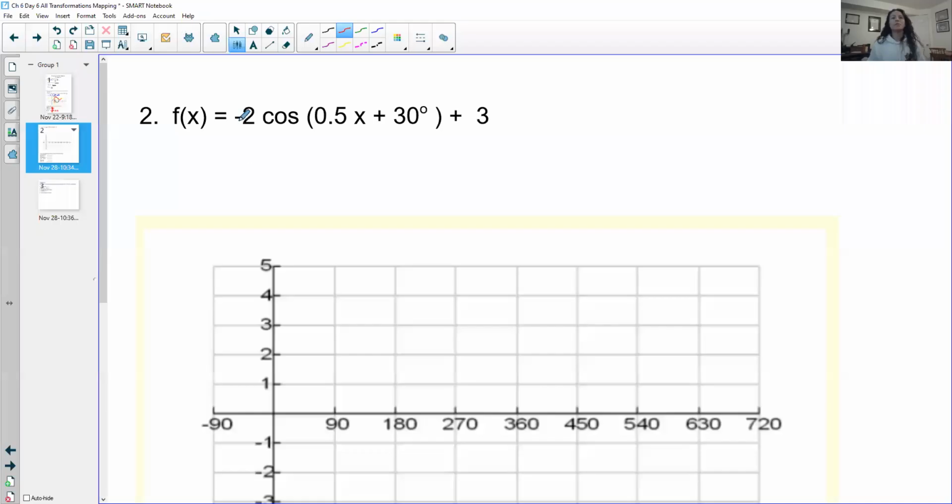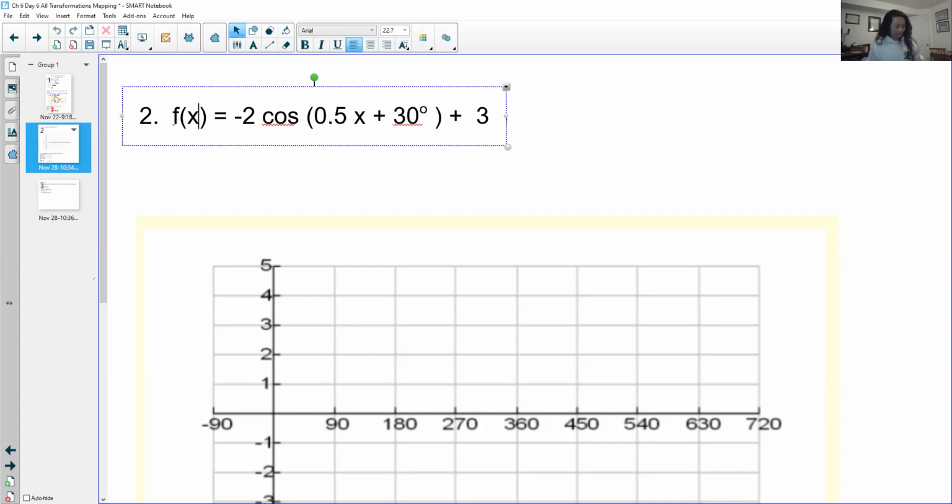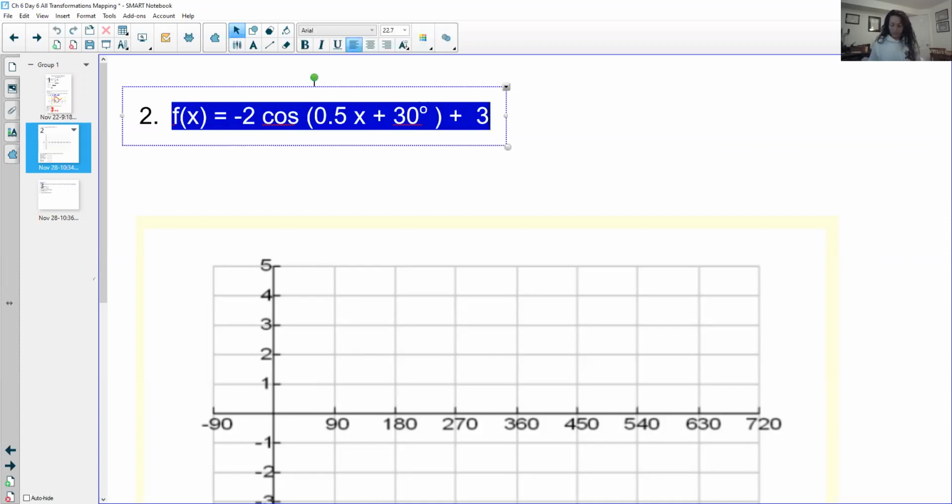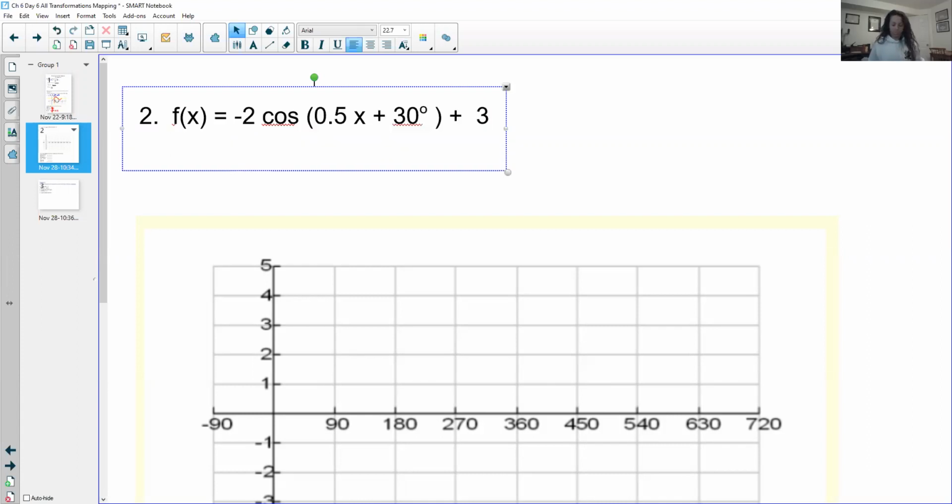Okay, so looking at this new information, you should notice right away there's a big warning here. There is a number beside our x and there's no brackets in between. So you have to factor. So the first thing we are going to do is factor this. I'm going to put another set of brackets here.